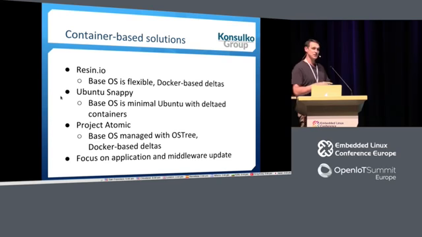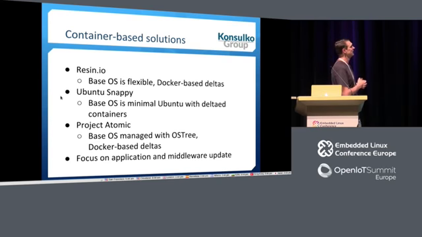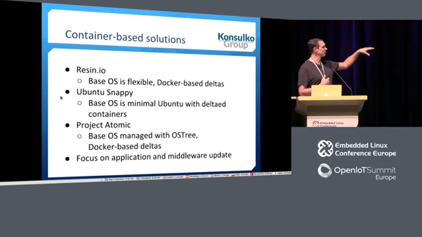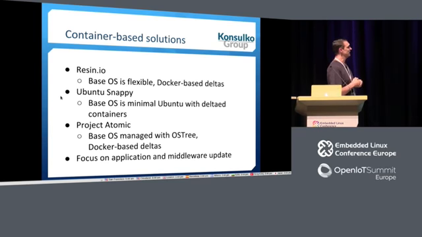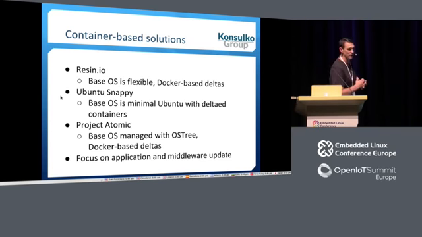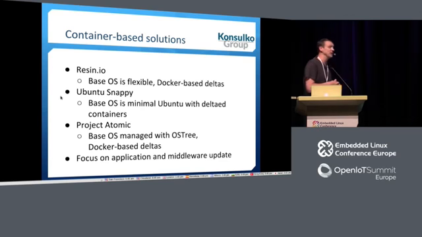And then Project Atomic that we already touched on, right? It uses a base OS. That one's actually managed with OSTree, right? And then they're doing Docker-based deltas for application things. So there's a lot of possibilities to do hybrid approaches here with keeping all your applications in containers and leaving the limited base updates to another approach, whether it's a dual image or an incremental update.